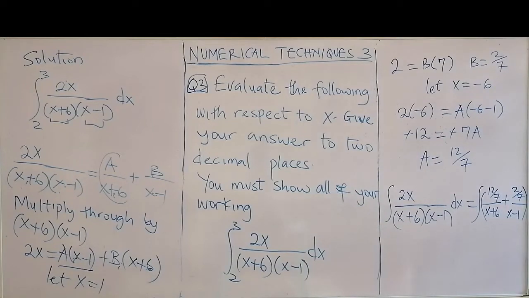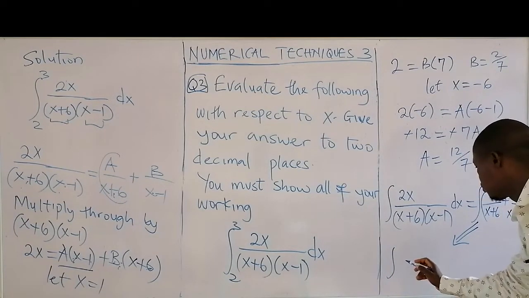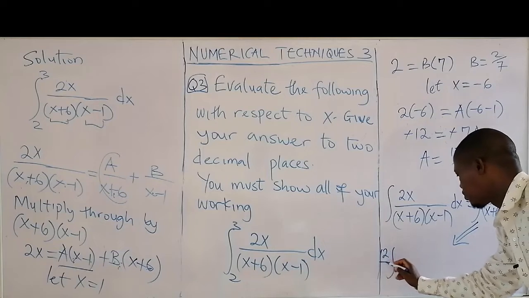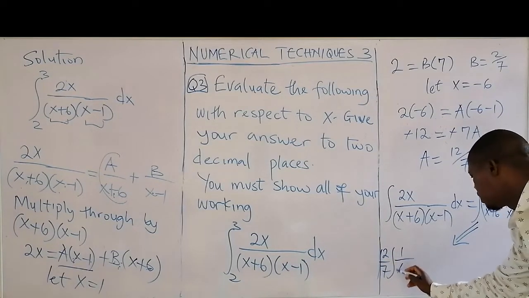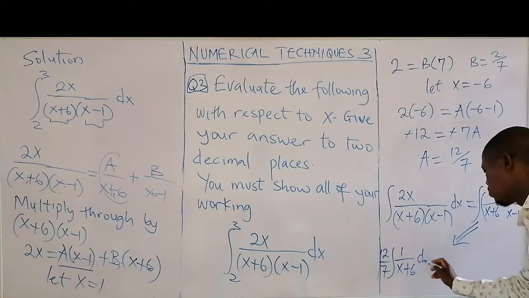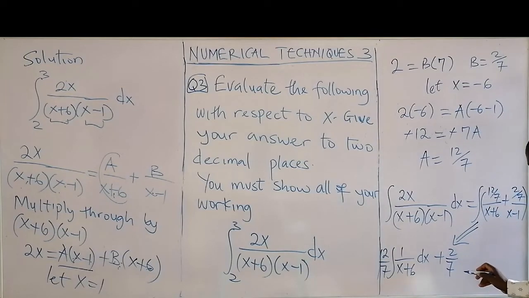This implies the integral of... you can take 12 over 7 outside, times the integral of 1 over (x plus 6) dx, plus 2 over 7, also taken outside, times the integral of 1 over (x minus 1) dx.